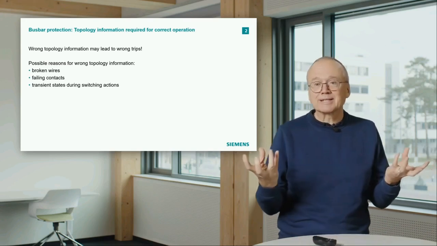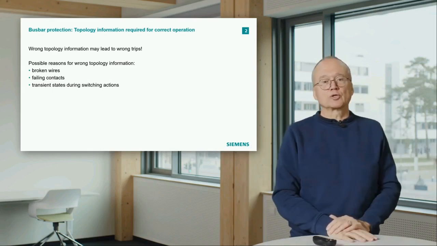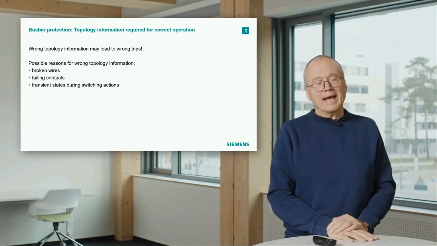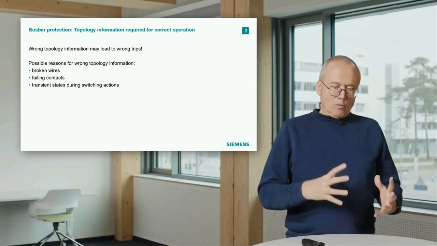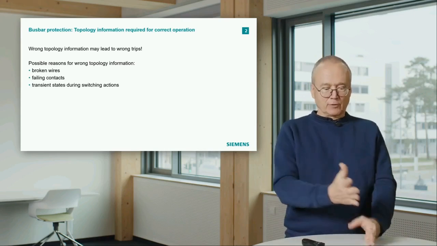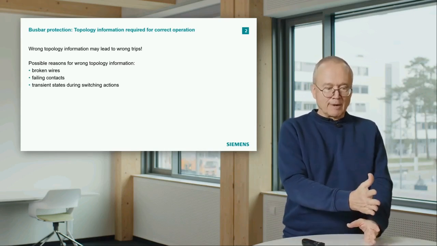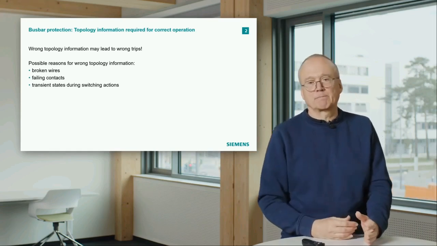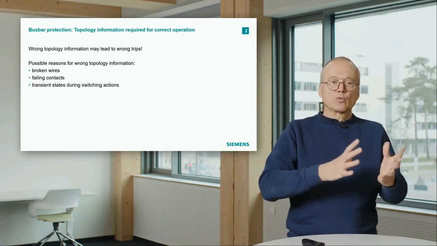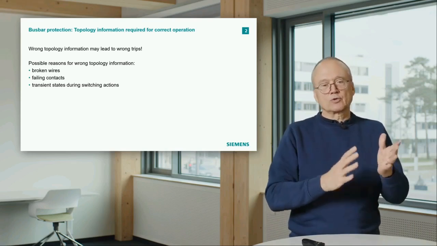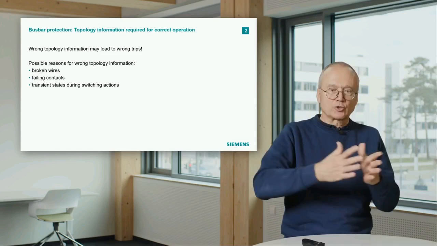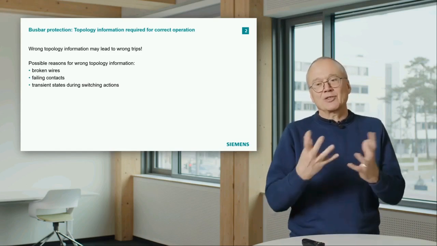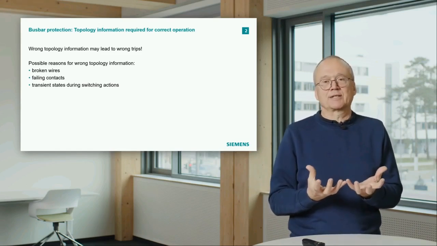So this has to be detected before we make a wrong trip. And we also have sometimes switching actions. For instance, maybe we want to change one feeder from the green busbar to the purple busbar. And that means we start operating circuit breakers and isolators to do these transitions. And that means we have intermediate states.